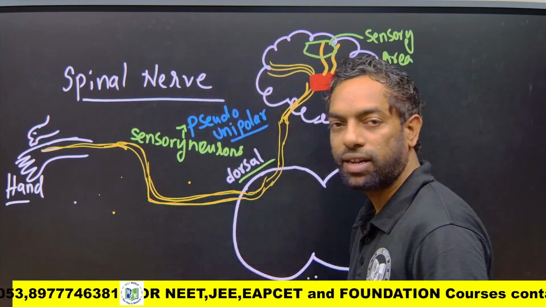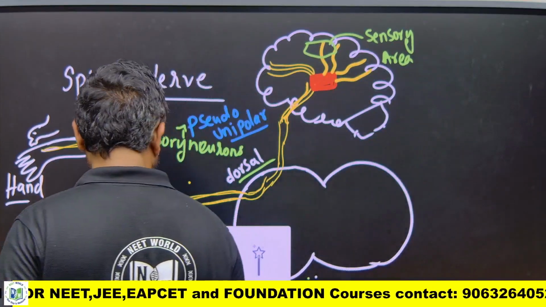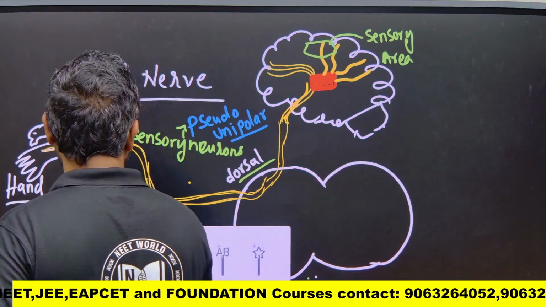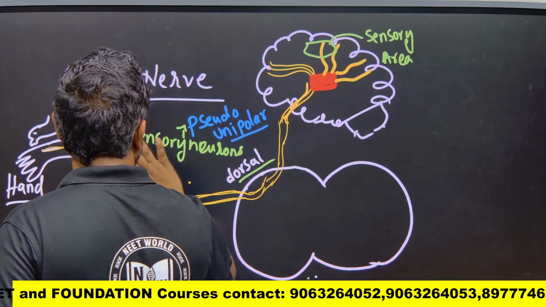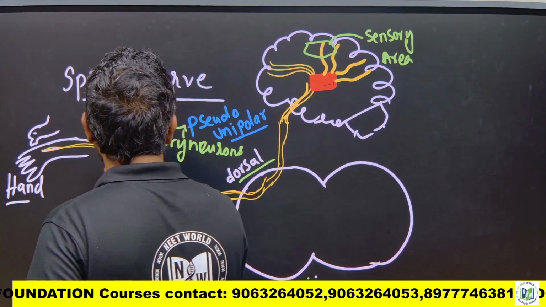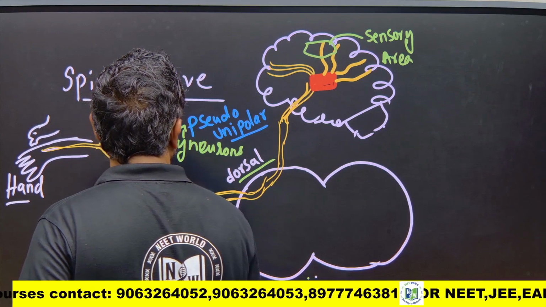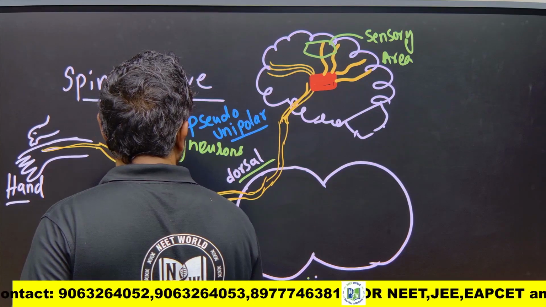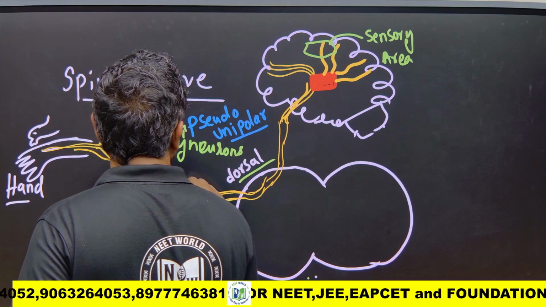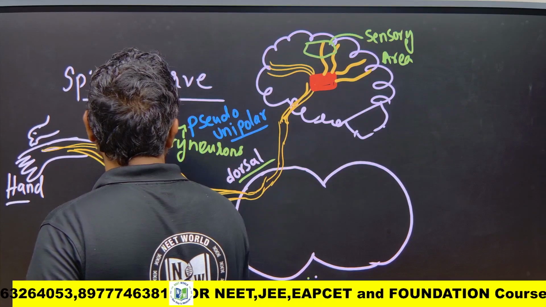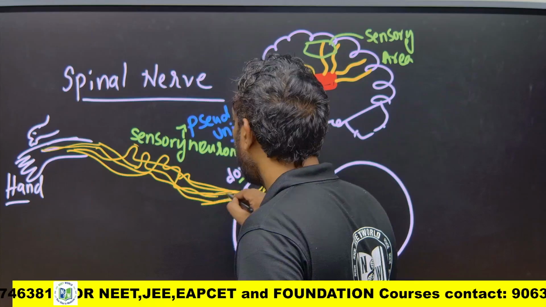Just look here: the neuron has the cell body in the middle, like this.